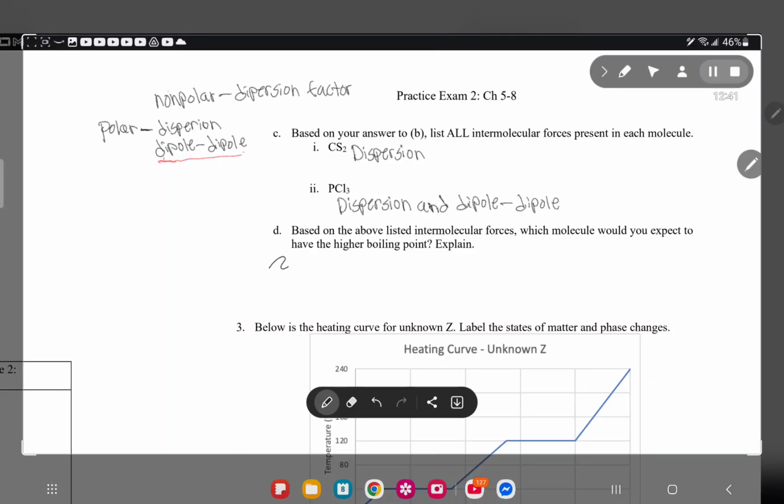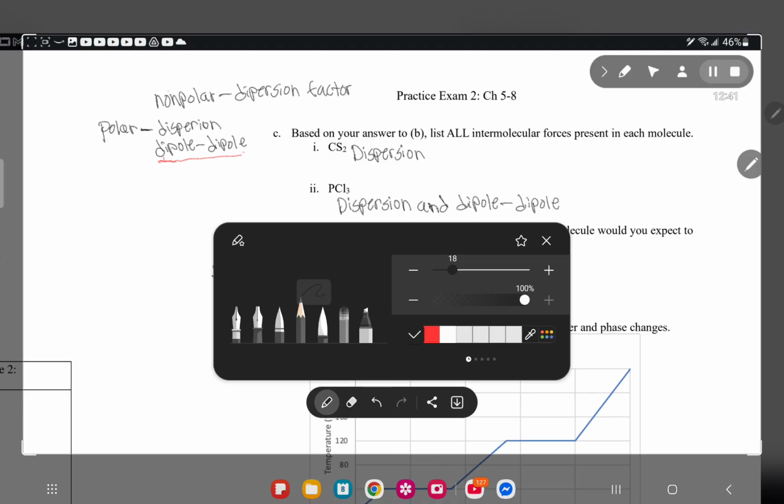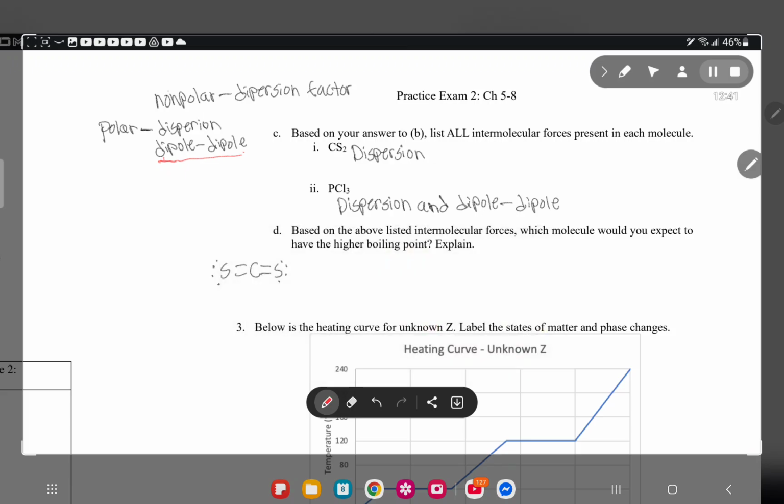So, this one, atoms that have low intermolecular forces have weak attractions, weak bonds. This is also going to be a covalent bond. It's non-ionic, right? So this is pretty easy to break apart with heat.